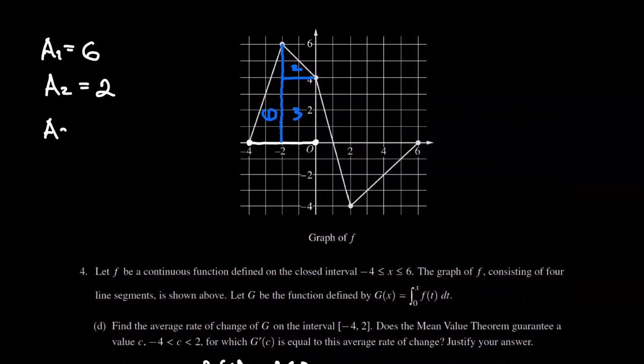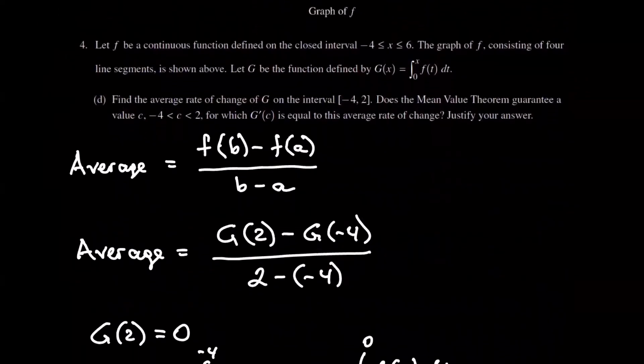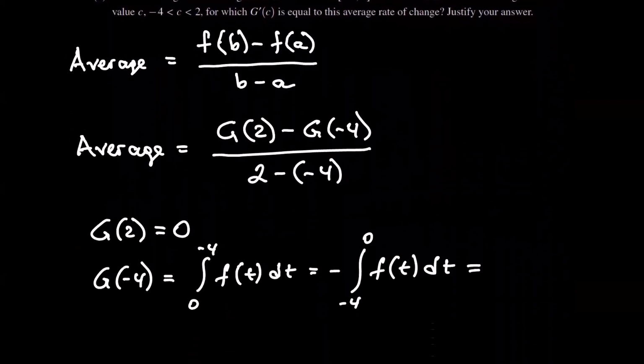And then A3 is just a rectangle with sides 2 and 4, so this is equal to 8. So overall, this area is equal to 6 plus 2 plus 8, which is equal to 16. So getting back to our integral, this is equal to negative 16.